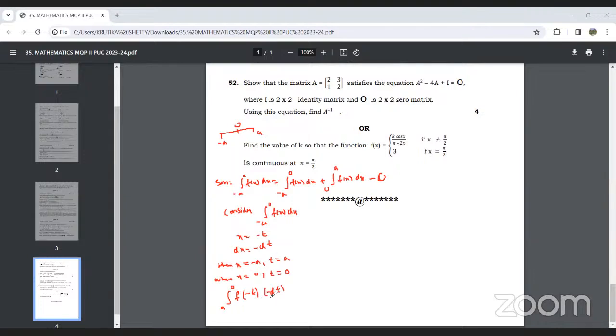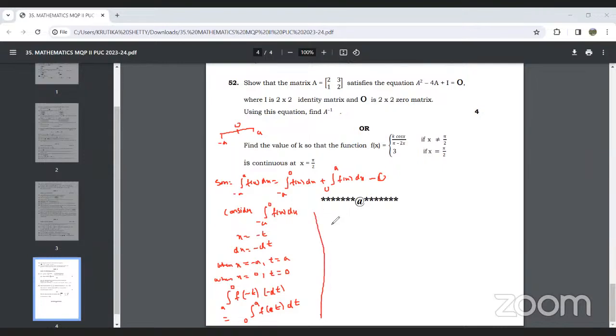Okay, now this minus sign, we can make use of the second property. When we interchange the limits, the sign will change. So this will be the integral from 0 to a of f of minus t dt. Whatever this negative sign is there, it gets cancelled after the change of limits.